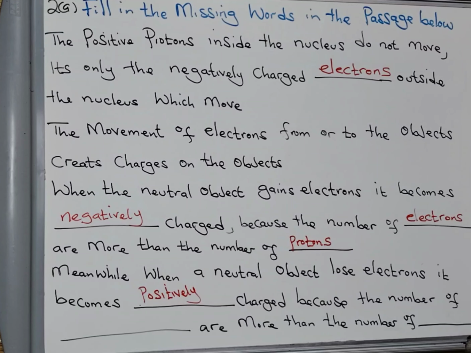Okay, remember they are equal. Now the electrons have been lost. So which ones are more? They have more number of protons. Yes. Because the number of protons are more than the number of electrons.